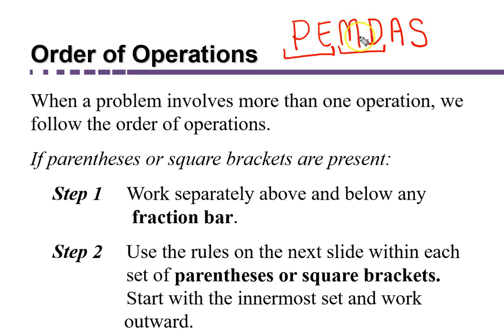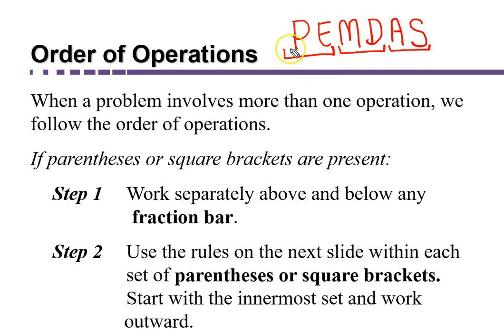But this is something that we do next, going from left to right, whichever is first. And we'll see this in examples. And then finally, from left to right, we do addition and subtraction.